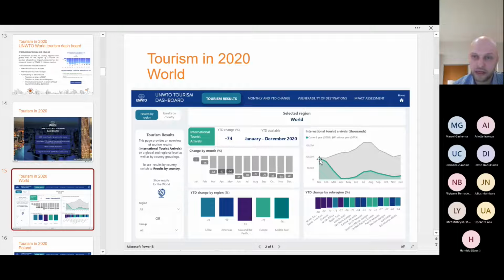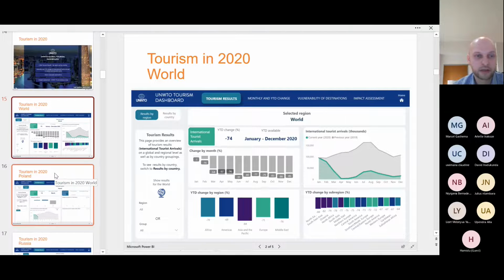And as you see, you can compare 2019 with 2020. So January, February, and then a huge decline in March because many borders were closed, the international flights were suspended, and tourism, let's say, stopped.